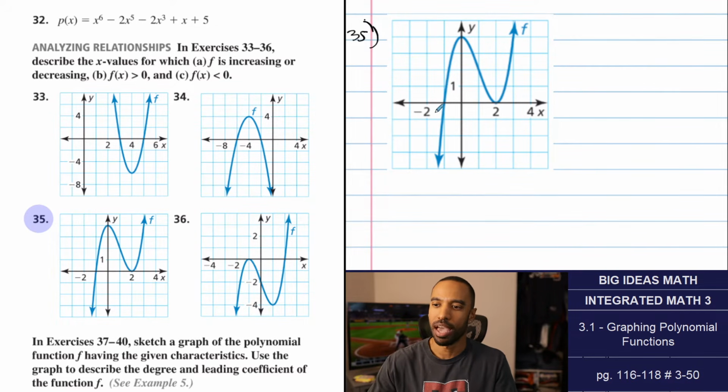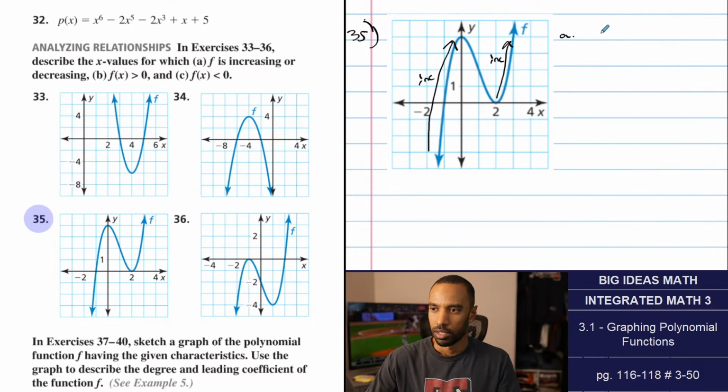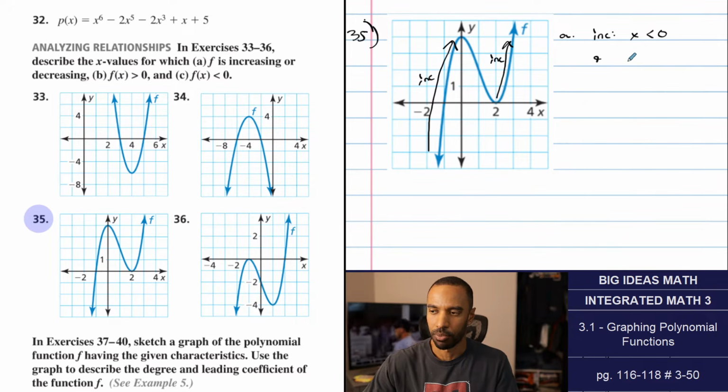Number 35, we have increases here all the way until x equals 0 and then after x equals 2, right? Those are our increases. So we increase when x is less than 0 and when x is greater than 2.